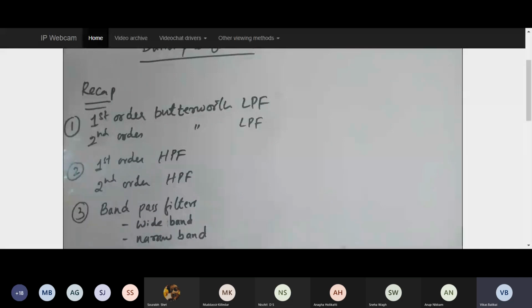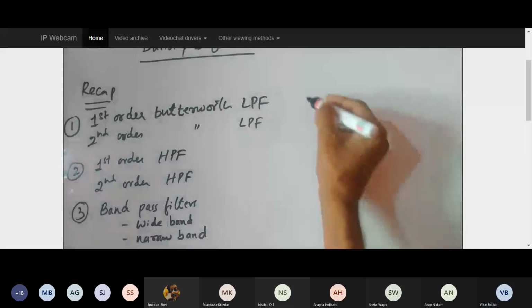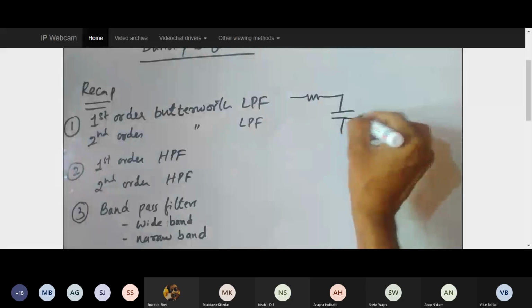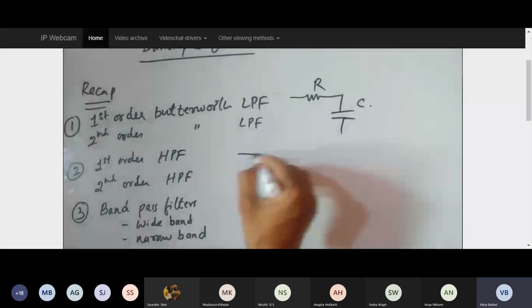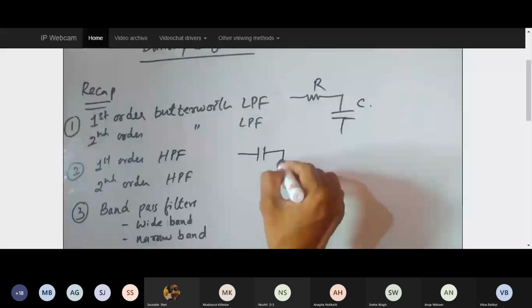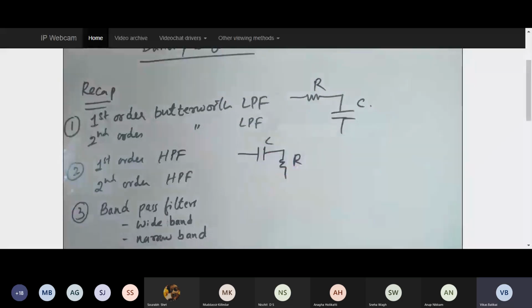Because in the low pass filter, the connection of R and C will be like this, and in the high pass filter it will be exactly opposite. So this is with respect to first order.